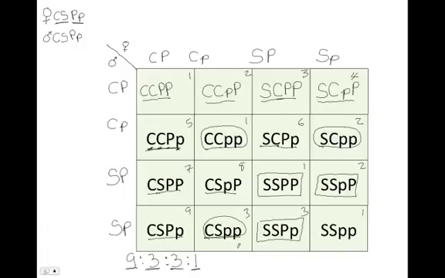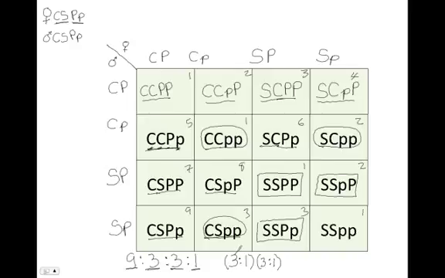So how did we get to that? Well, if you think about it, what we really did was we took a 3 to 1 ratio and another 3 to 1 ratio, and we just multiplied them together.